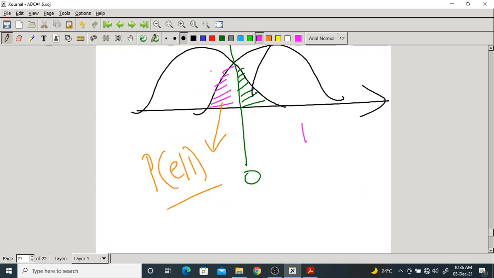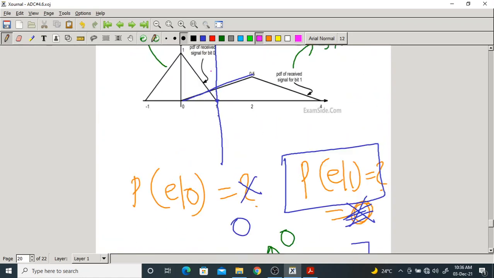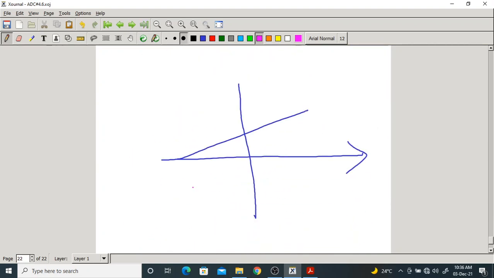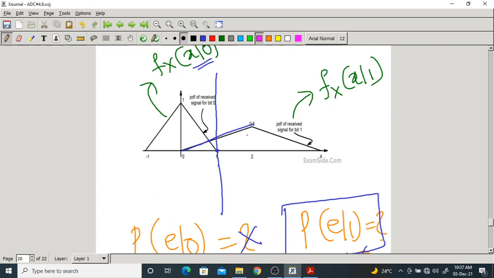What is this area? This is 0, it is 1. Let me write here very clearly.